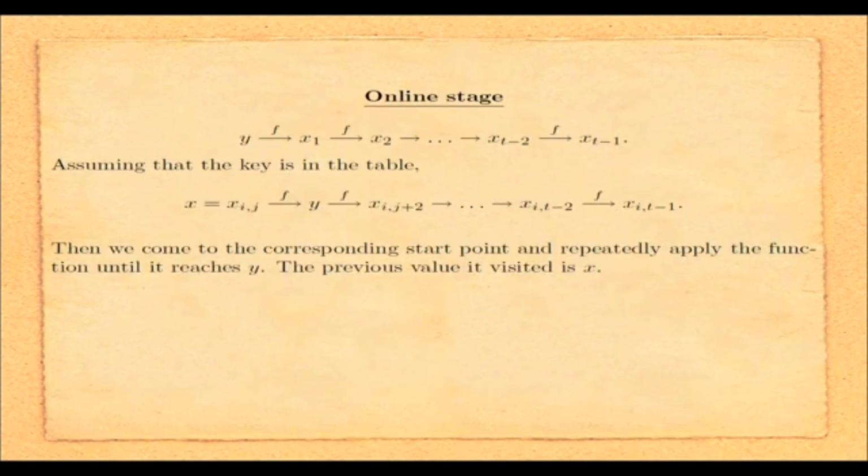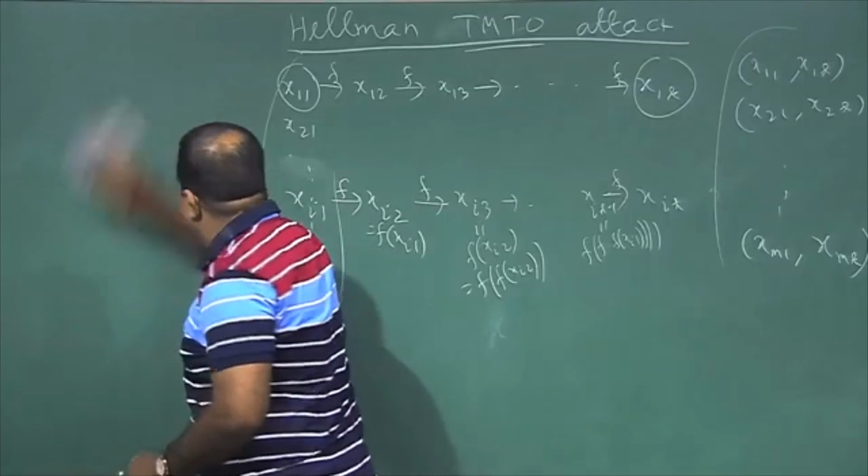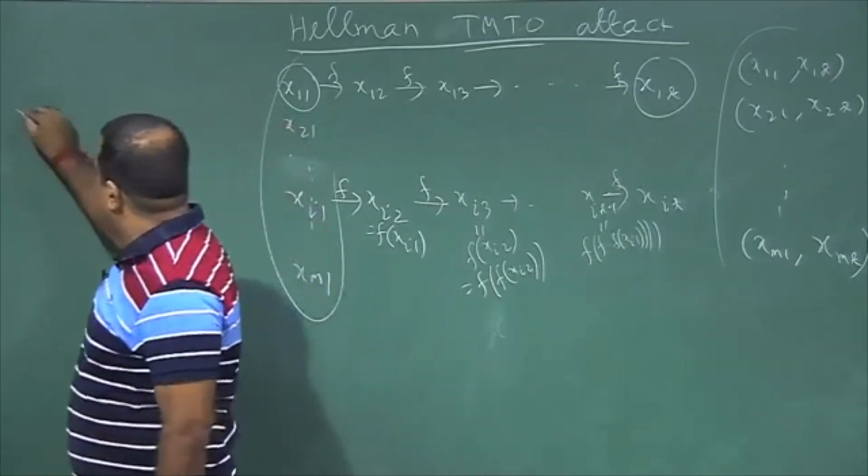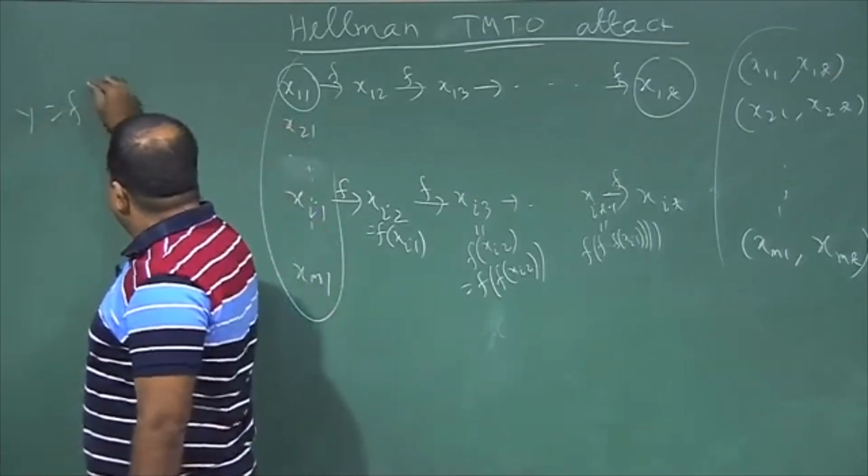Okay. So, now this is the attack. We have stored these start point and end point pairs in the offline phase, or precomputation phase, and this is the attack, or the online phase, what we are doing. So, we are just having these start point end point pairs. Now, for the online attack we are given a y, which is basically f of x.